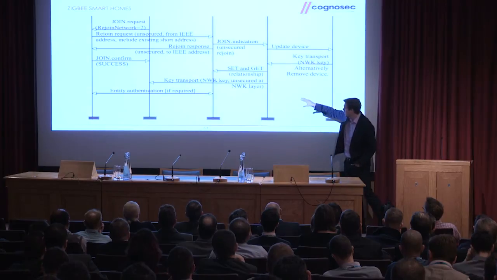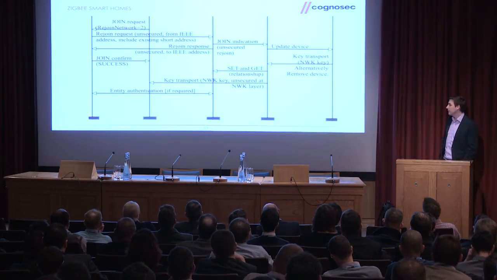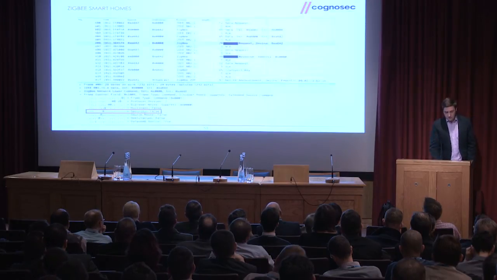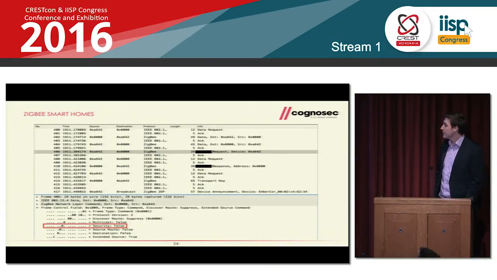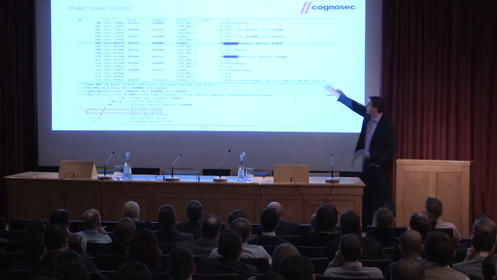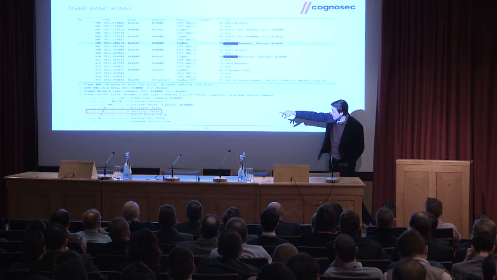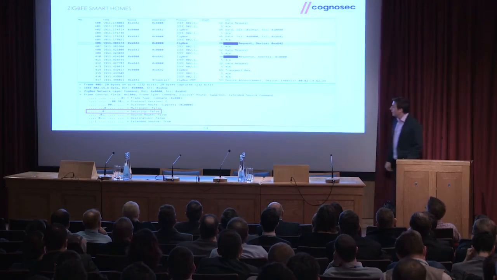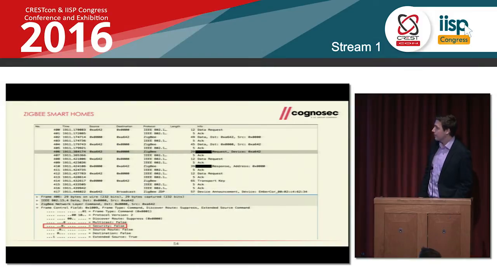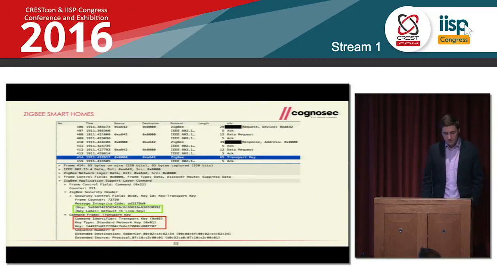Key transport unsecured. We got very curious about that and implemented it on our own device, and that's a Wireshark capture. So it really works. It's a rejoin request, the marked packet, and you see the flag for security on the bottom is set to false, so you don't need any encryption material for this.